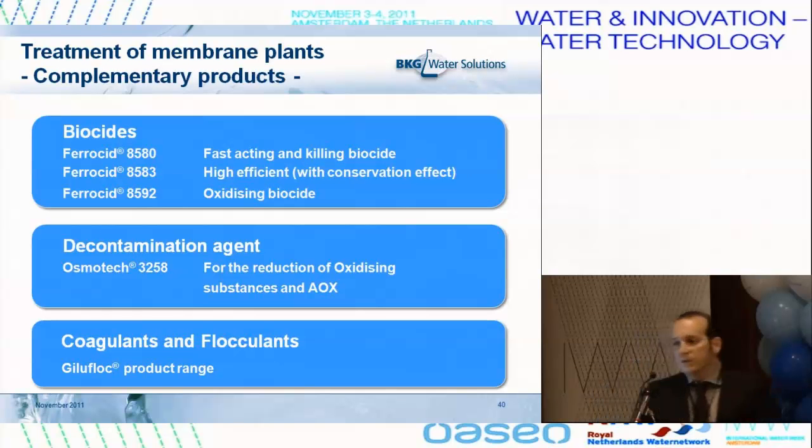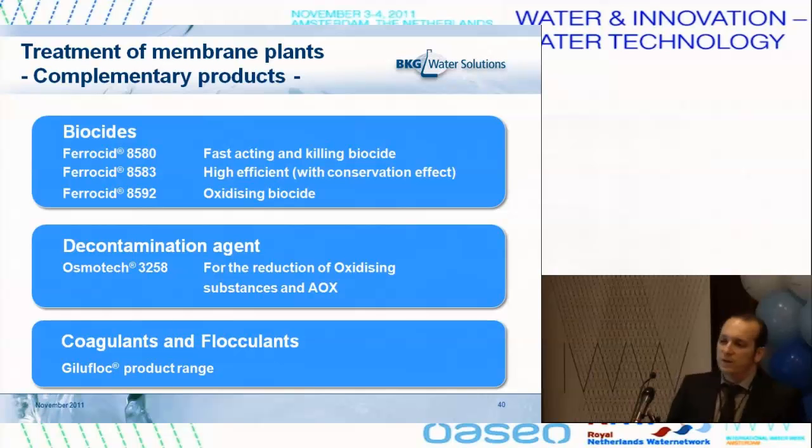The biocides, also here you have a basis of different chemistries. Ferrocit 8580 as a fast killing agent, a fast biocide. 8583 for a more conservation effect, so that it's not decomposing very fast, especially in systems which are off at the weekend, not working at that time. Oxidizing biocides like 8592, based on bleach, which is quite commonly used.